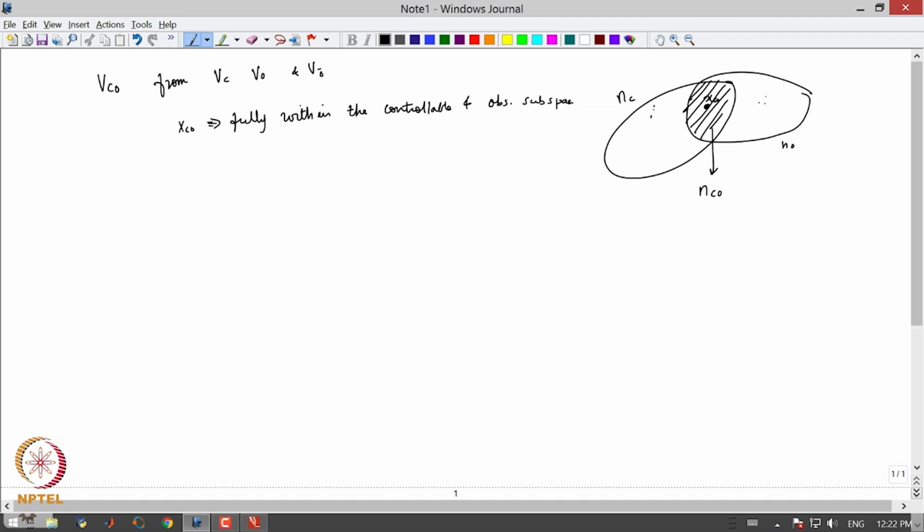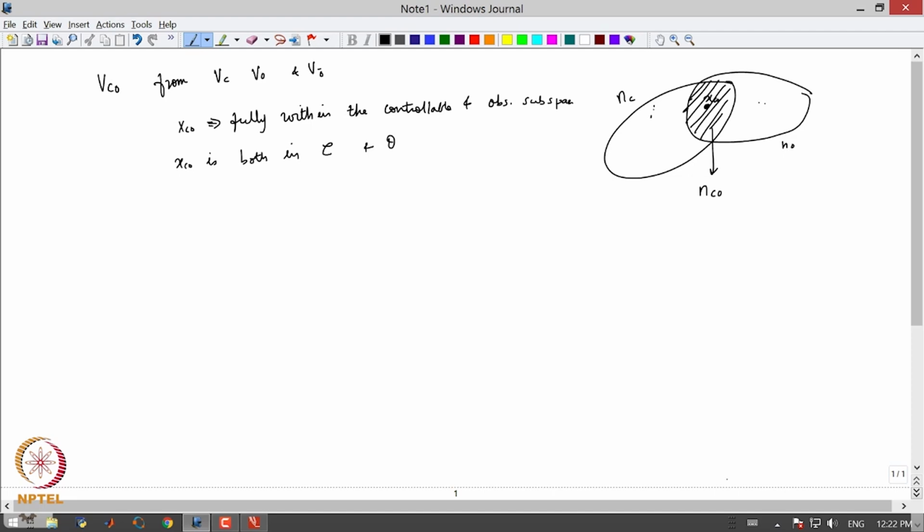it can be expressed. So xc naught is both in the controllable subspace and the observable subspace. I am just abusing the notation a bit, but it is good for understanding.